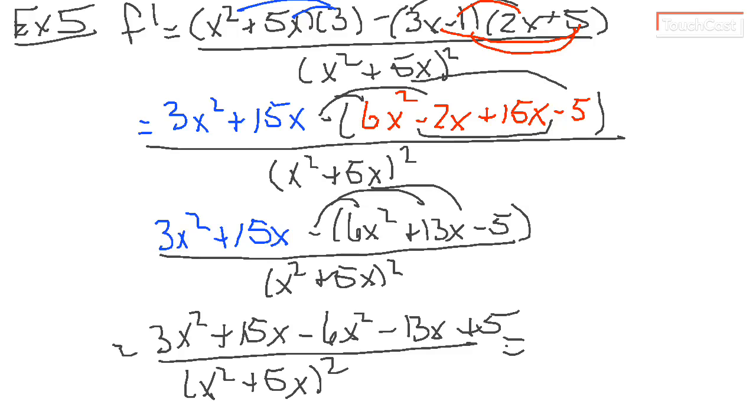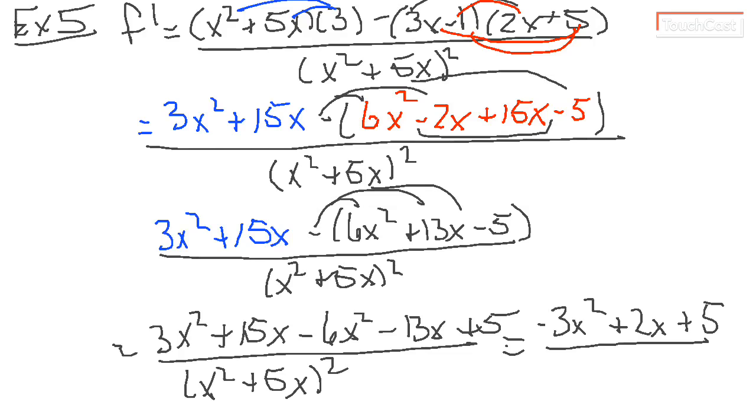Now, in our numerator, let's combine like terms. We have a 3x squared and a negative 6x squared. 3x squared minus 6x squared gives us negative 3x squared. We have a 15x minus 13x, so we're going to have plus 2x, and we've only got the one constant term, 5.